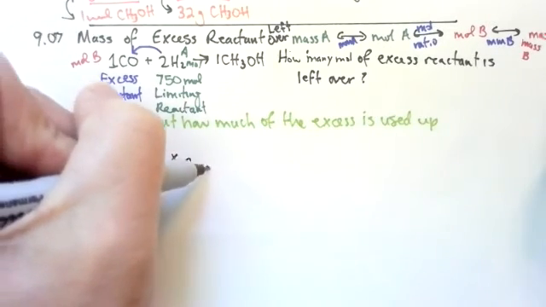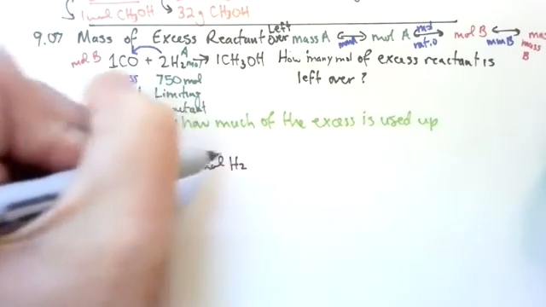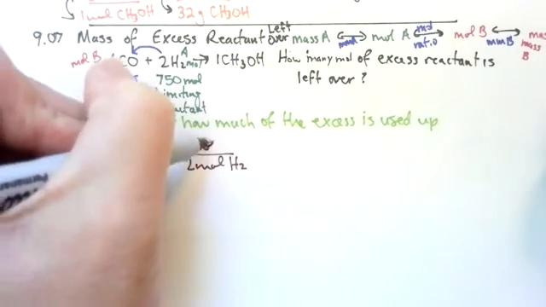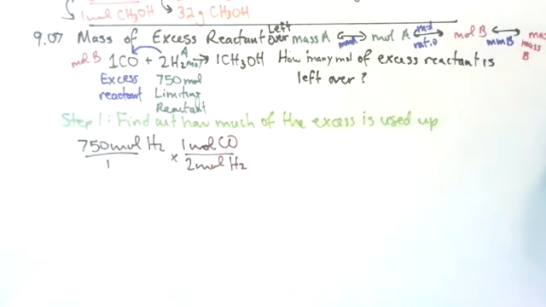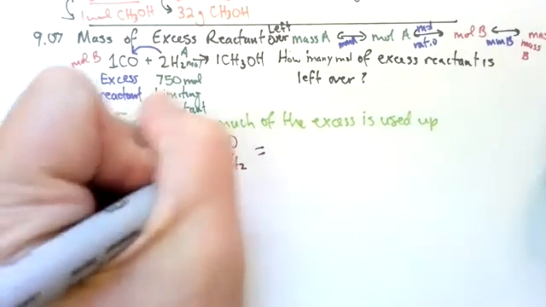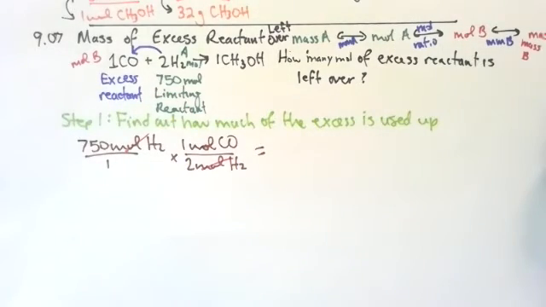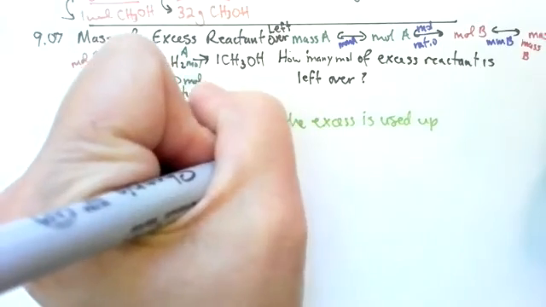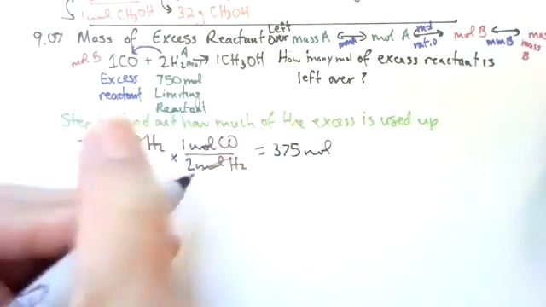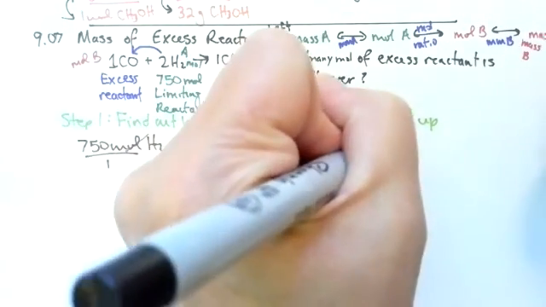Hydrogen has to go in the bottom. Cancel my units, and I'm left with 375 moles of CO that was used.